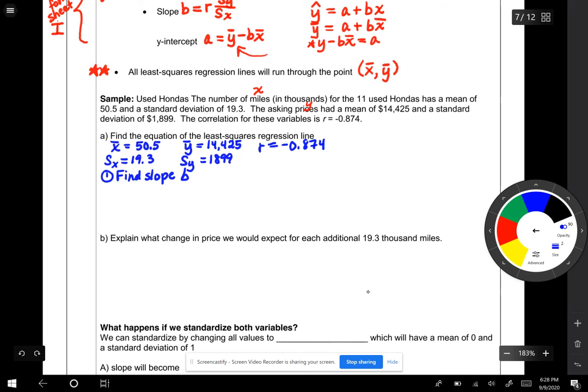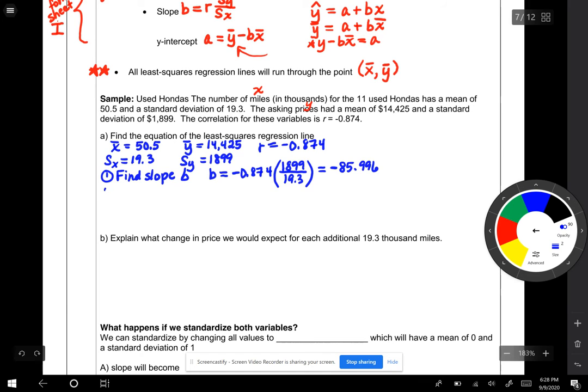So b is equal to the correlation times the standard deviation of y, which is 1899, over the standard deviation of x, which is 19.3. Doing all that math, you should get b to be negative 85.996.